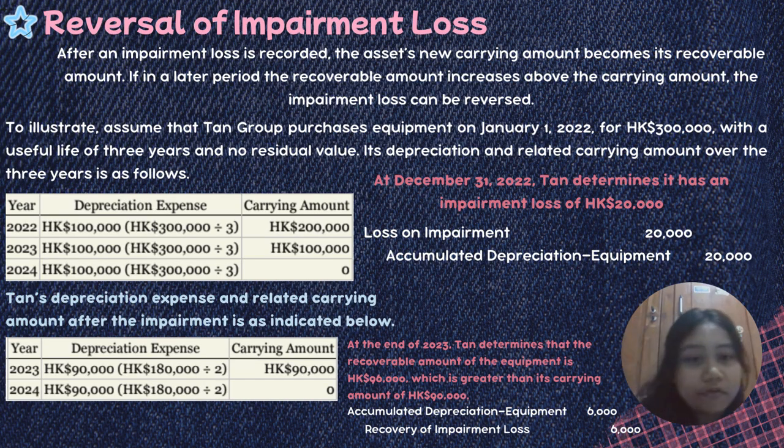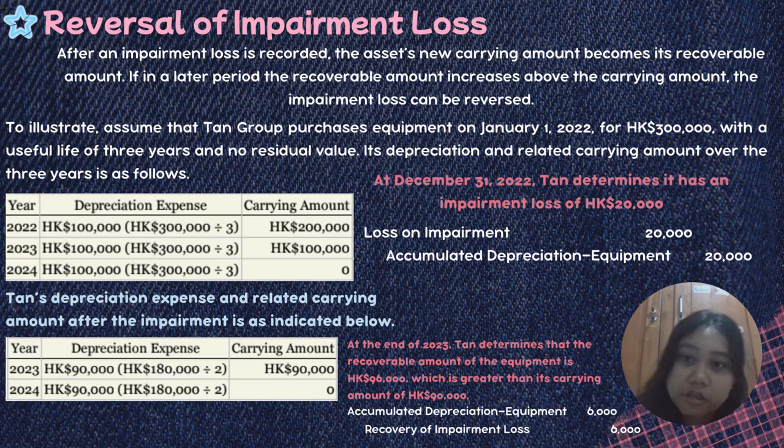Okay, the next material is reversal of impairment loss. After an impairment loss is recorded, the asset's new carrying amount becomes its recoverable amount. If in a later period the recoverable amount increases above the carrying amount, the impairment loss can be reversed.